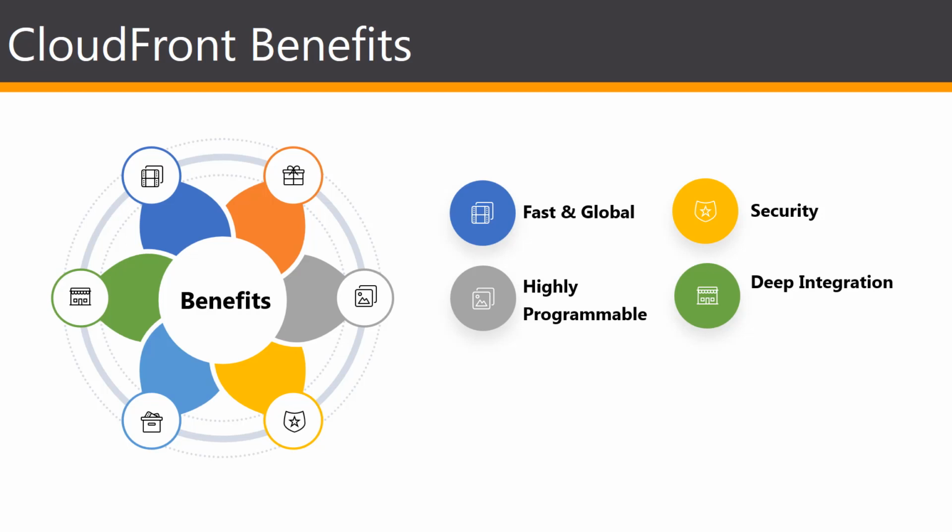It's fully integrated with AWS services like I mentioned, such as the S3 buckets, EC2, the Route 53, which we'll look at later on, and the media services. They're all accessible via the same console, and all features in the CDN can be programmatically configured by using APIs or the management console.